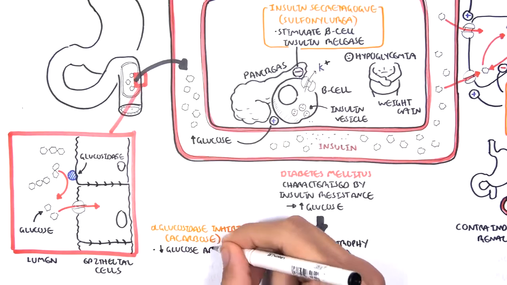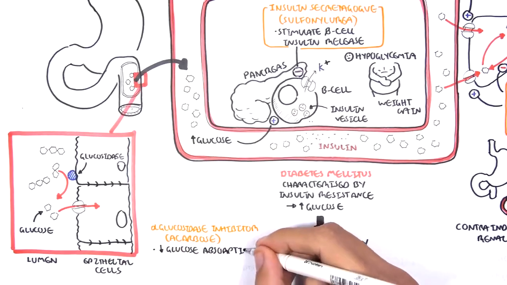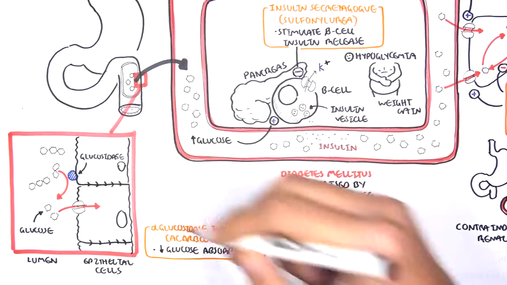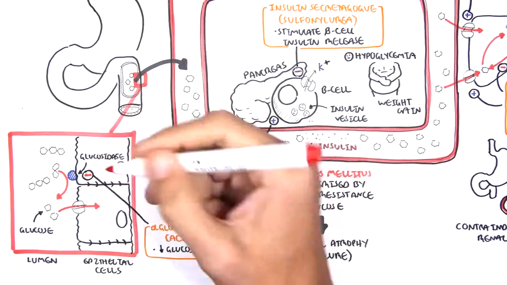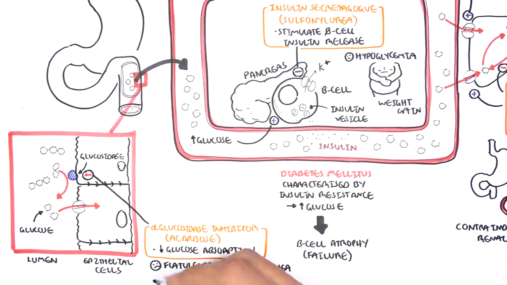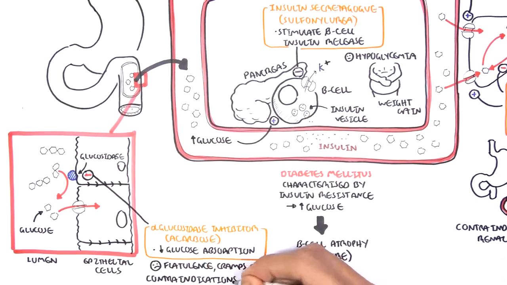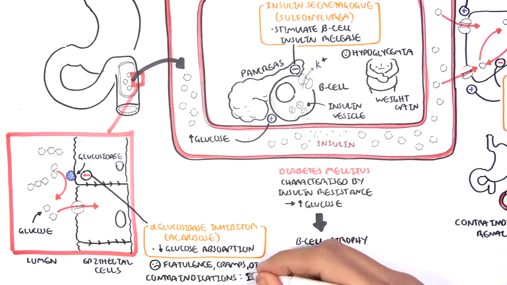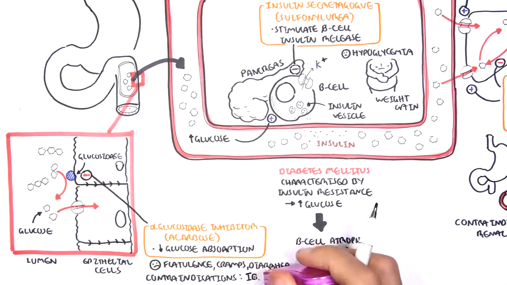And these guys literally inhibit this enzyme, causing a decrease in glucose absorption and thus decreasing blood glucose. Side effects of glucosidase inhibitors include flatulence, cramps, and diarrhea. This medication is contraindicated for patients who have inflammatory bowel disease.